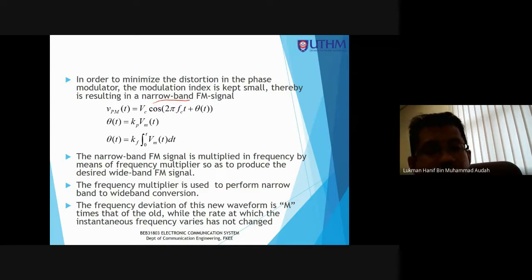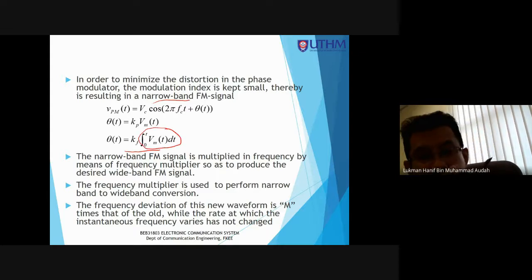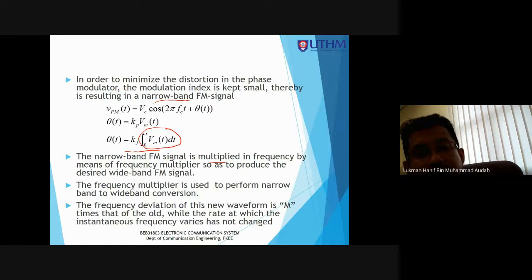Okay, so ini yang before that, this is the integral process. Ini dia yang dimaksudkan tadi. So the narrowband FM produced by this process needs to be multiplied by the frequency multiplier so that we can make it wideband FM.